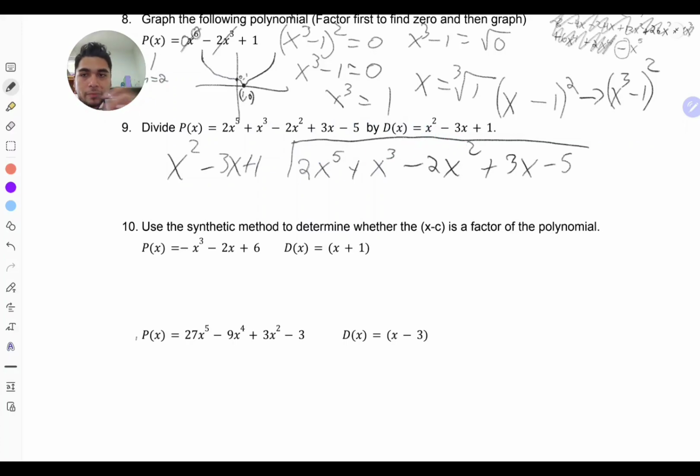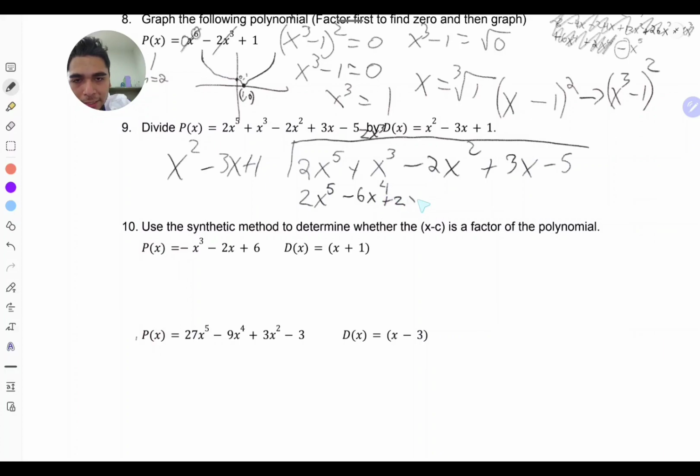Okay, so first off, let's see. How do we get this? This is the same thing as 2x cubed. Okay, so 2x cubed times x squared is equal to 2x to the 5th. 2x cubed times negative 3x is equal to negative 6x to the 4th. 2x cubed times 1 is just equal to 2x cubed.